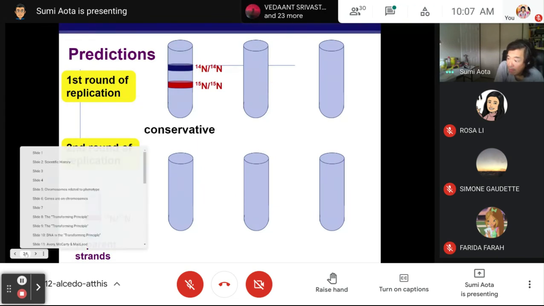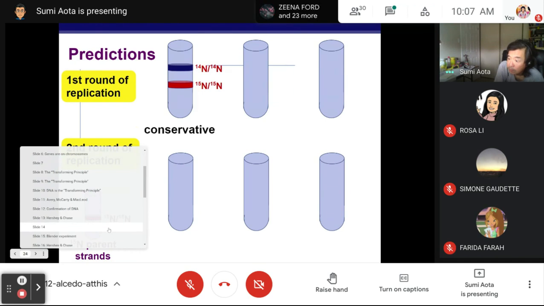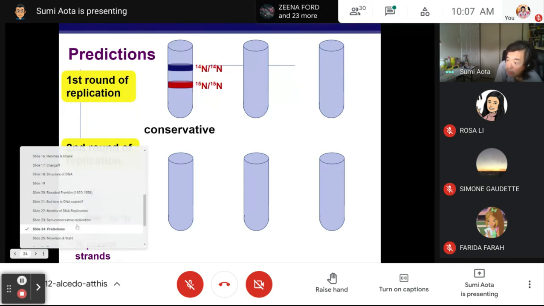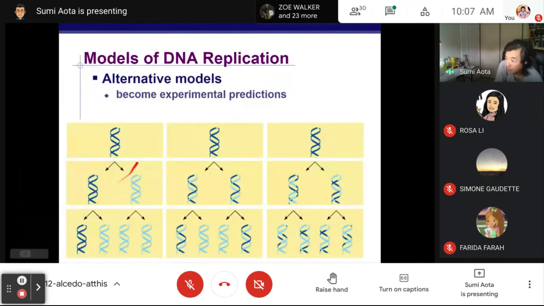Because if we go back to slide 22, there's a dark blue, which are N15. You should get one strand that's completely N15 and one strand that's completely N14. So in round one, you should see two lines.